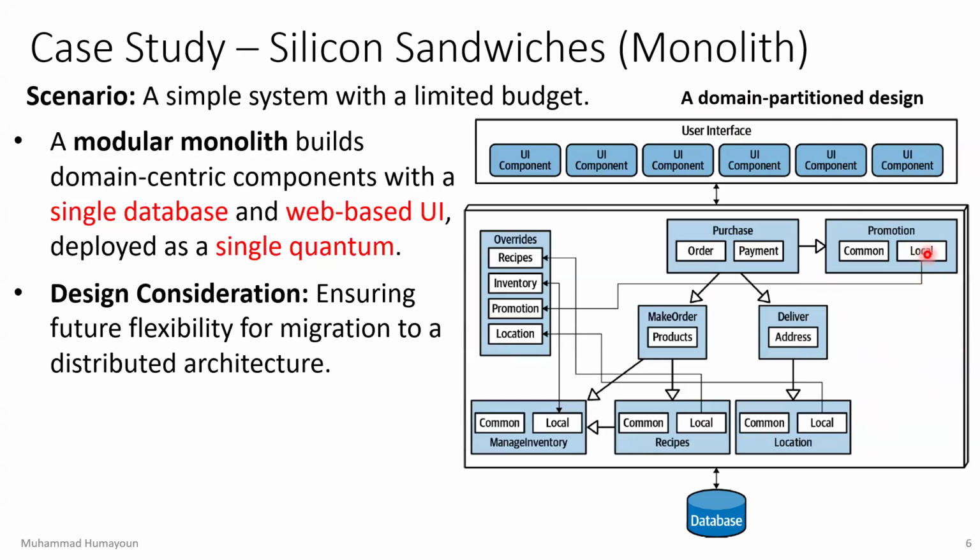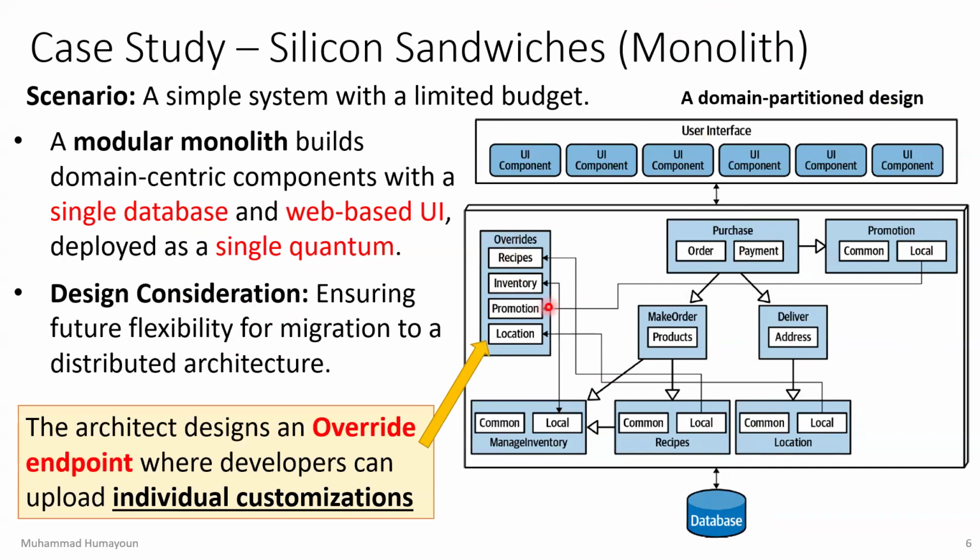You can create one microservice for promotion, one for purchase, one for delivery, and so on. You have already separated these components, and then you can separate your database into multiple small databases. That could be a future thing to look for. This design consideration helps you start with a monolith, but a domain-partitioned monolith.